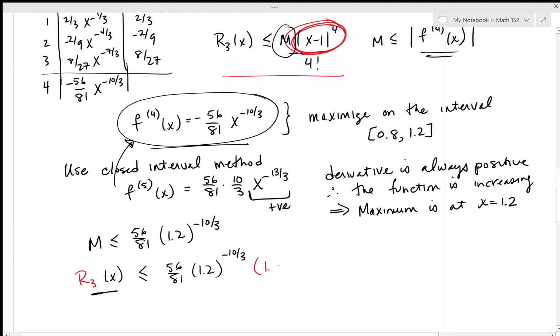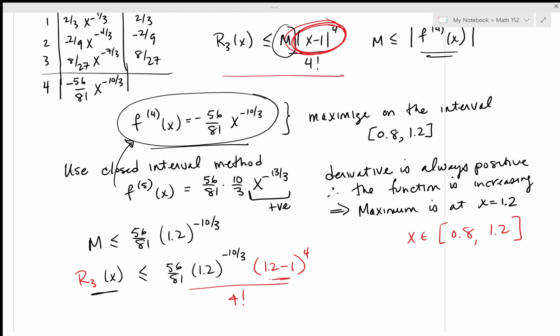So I'm thinking here of 1.2 minus 1. That's the biggest I could get with my interval. So remember, my x values have to be in this interval, 0.8 to 1.2. And I'm trying to think what is the biggest value I can get here, and that is the biggest value. And then I have to divide this thing by 4 factorial. So that is the error bound on using this approximation for x to the 2/3 in the interval between 0.8 and 1.2.